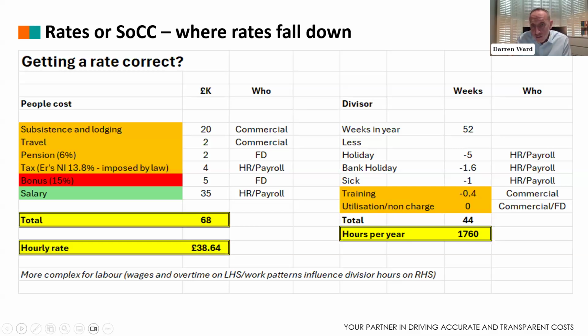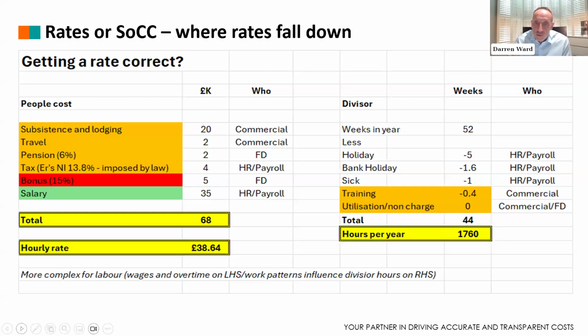On the right-hand side, this person never did any training, was never sick. So the actual hours they worked in the year could have ended up something like 1820. If you work out, when you used to audit that rate a year later, what you should have seen was a total cost on the left-hand side, circa 60 grand, hours on the right-hand side, 1820.